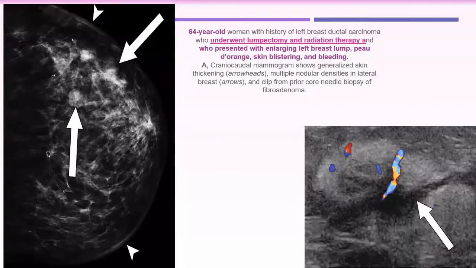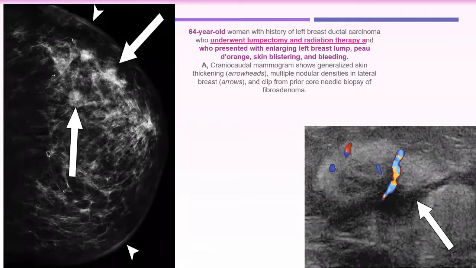Regarding angiosarcoma, let us see examples. This is a 64-year-old lady with a history of left breast ductal carcinoma who underwent lumpectomy and radiation therapy. This is very important, especially when they mention radiation therapy a long time ago, usually 10 years or more, and the patient presents at the site of lumpectomy, wide local excision or mastectomy with a lump.